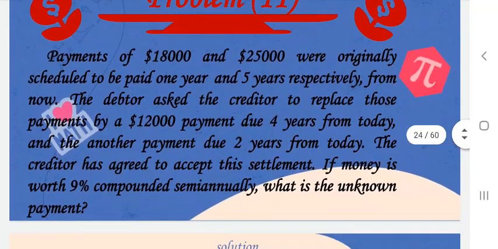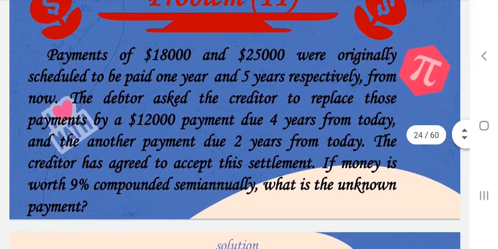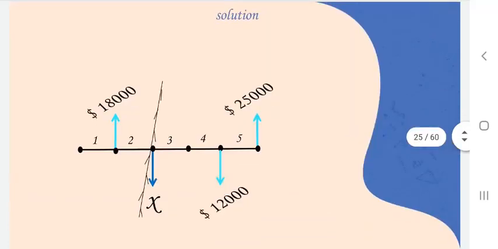By looking at the problem, you don't know the position of focal date, so you can put it at the time of X. The main formula from the timeline: the future value for $18,000 plus present value for $25,000 equal X plus the present value for $12,000.